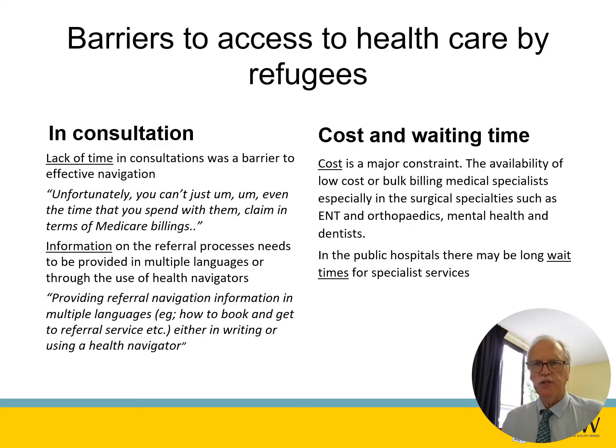So this is particularly a problem with things like dental health care. So these are just some of the barriers that we've found in some of our previous research are important barriers to refugees accessing healthcare. So what can we do about it?